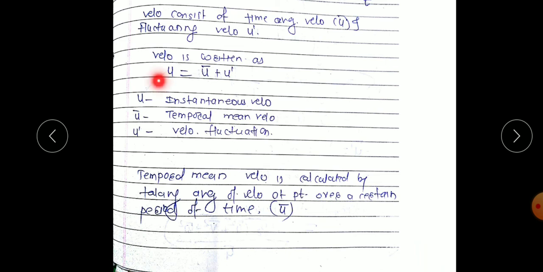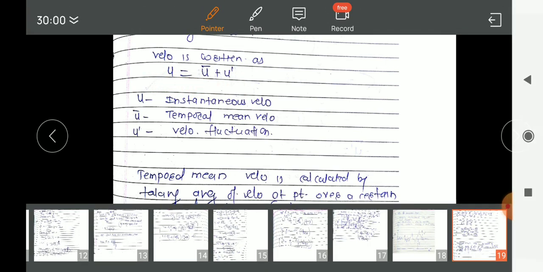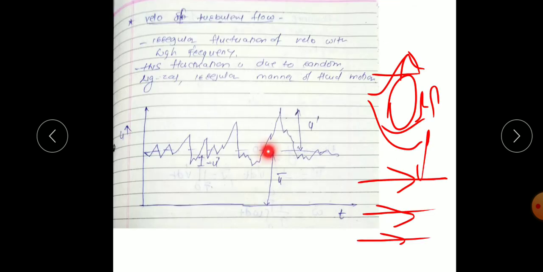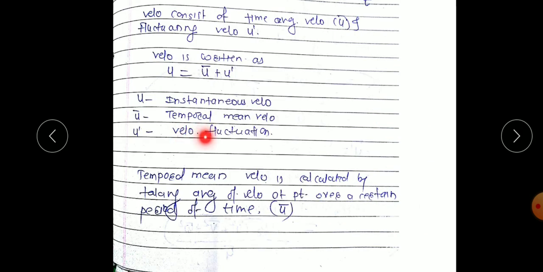Two components are there. U is equal to u bar plus u dash, the instantaneous velocity. U bar is the temporal mean velocity, and u dash is the velocity fluctuation.